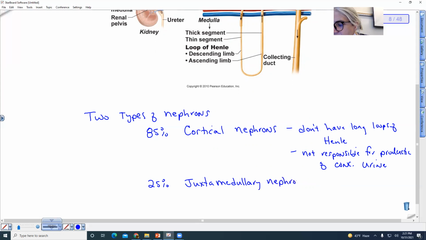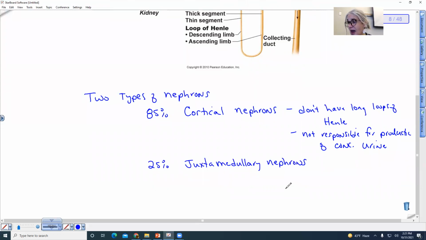The juxtamedullary nephrons have long loops of Henle that extend down into the medulla.